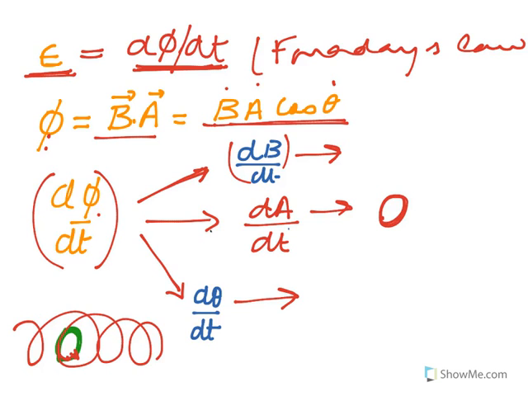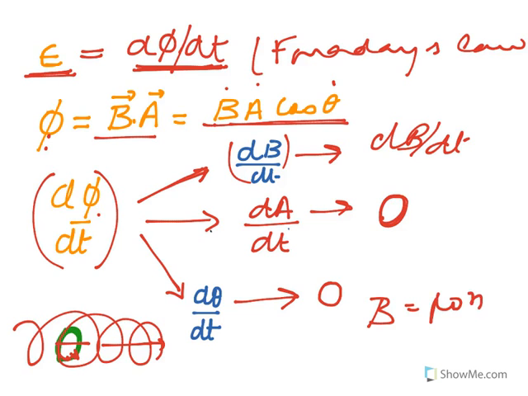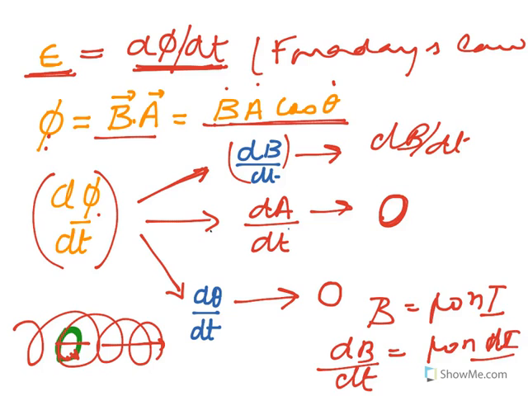Since we are not turning the loop with respect to the magnetic field produced by the solenoid, d theta dt will also be equal to 0. The only thing that is changing is the magnetic field, that is dB dt, and B is equal to mu naught Ni. So there is dB dt due to change in current, that is mu naught N di dt.